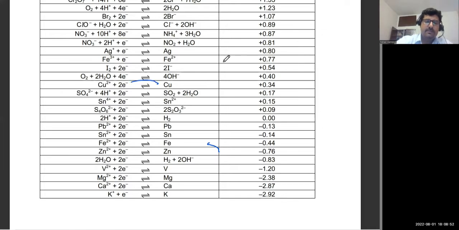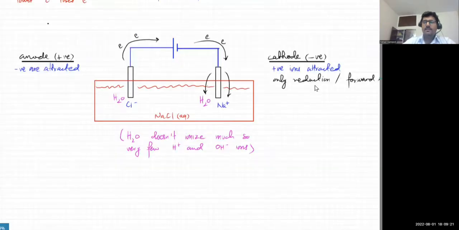So opposite charge, the only thing possible is the forward direction. Okay, remember that. Only reduction, only forward direction.